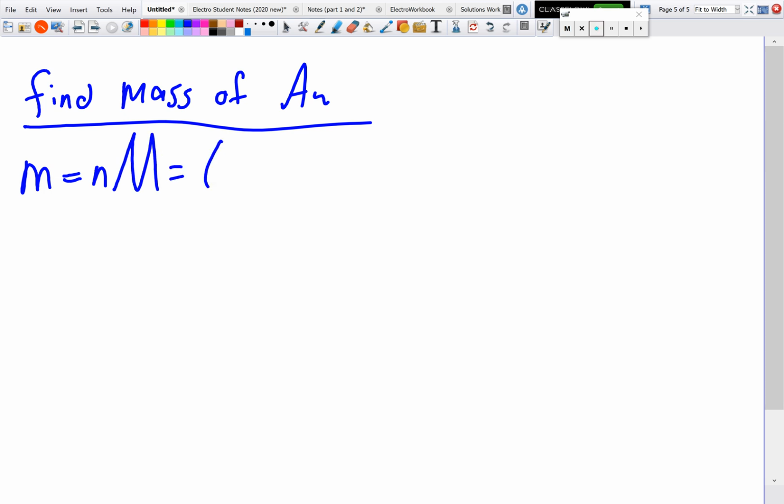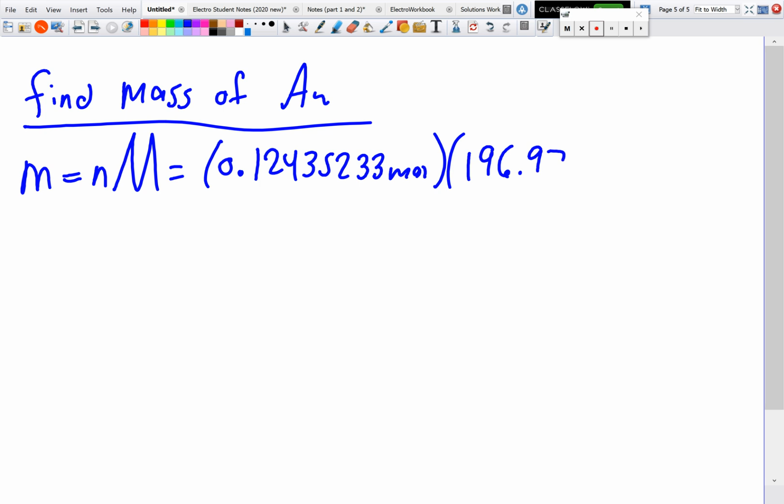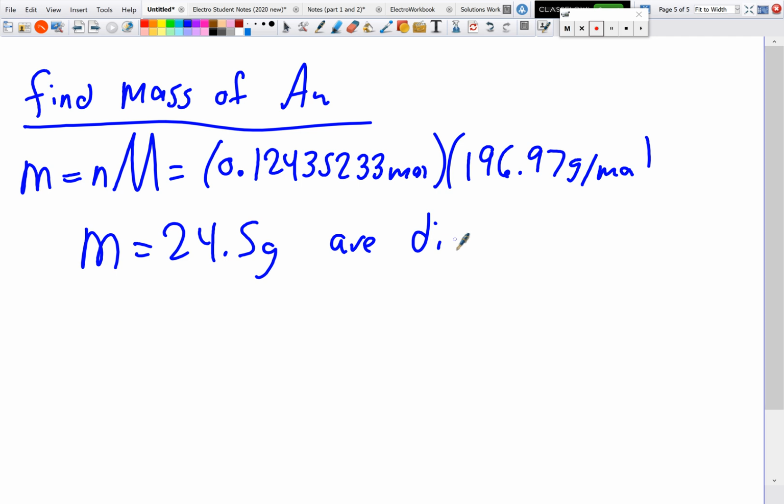We take the number of moles we just found, and our molar mass for gold, straight from the periodic table, is 196.97 grams per mole. We are left with the mass of gold equal to 24.5 grams deposited at the cathode.